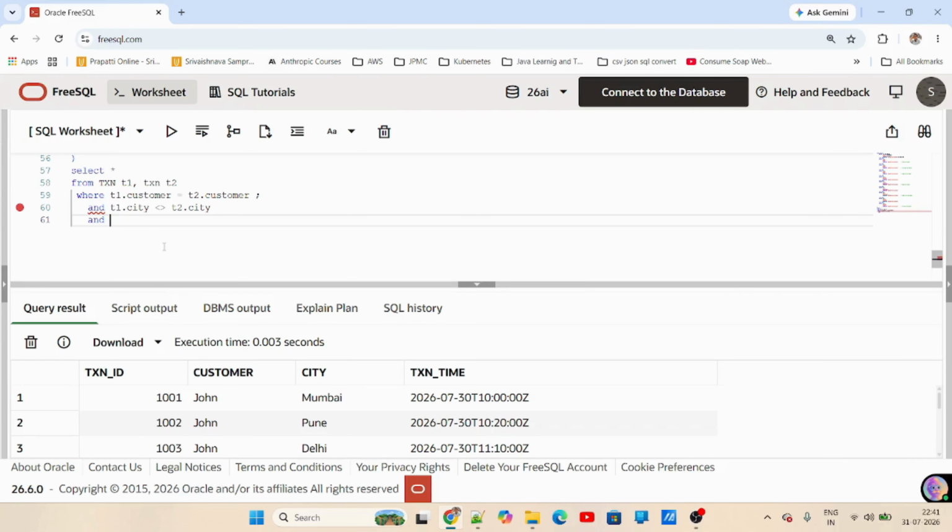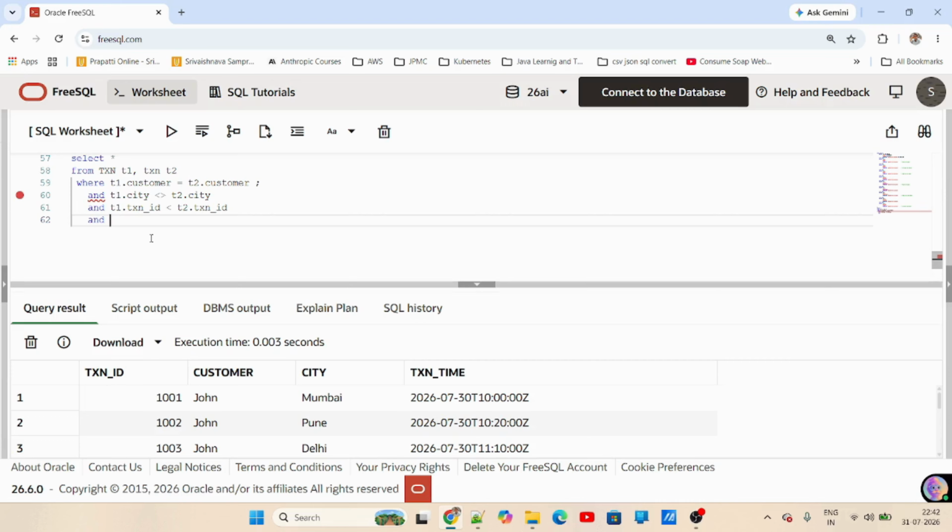So in that case, I can directly use T1 dot transaction ID less than T2 dot transaction ID, or I can use T1 dot transaction time is less than T2 dot transaction time. So this is very important for bifurcation and as well as the sequencing part. Here I am using the transaction ID, assuming that the transaction ID is going to be basically in the sequential order. It's kind of a primary key, and the later transaction will have the higher number.